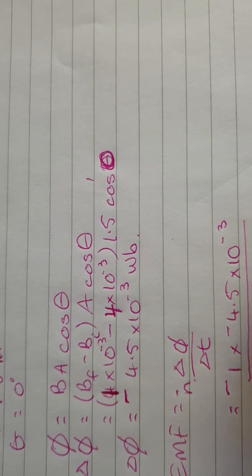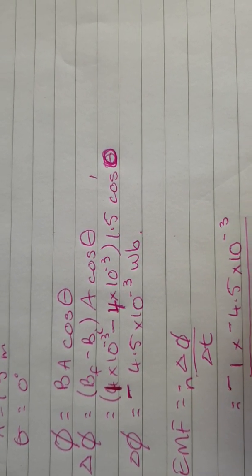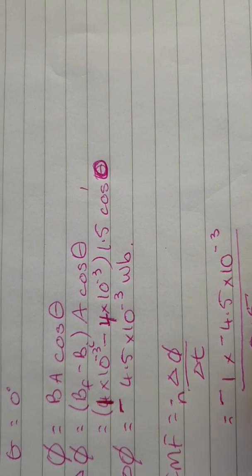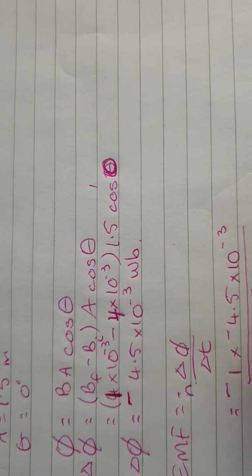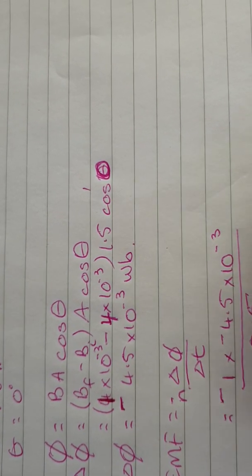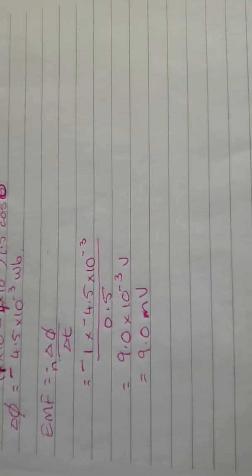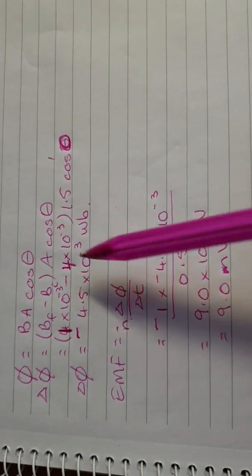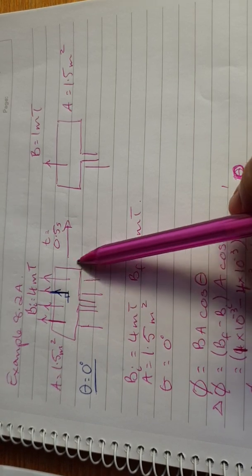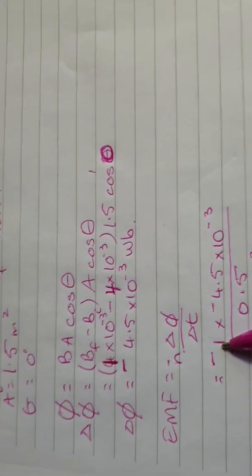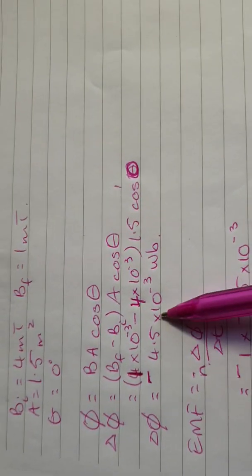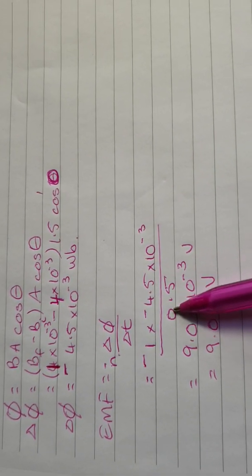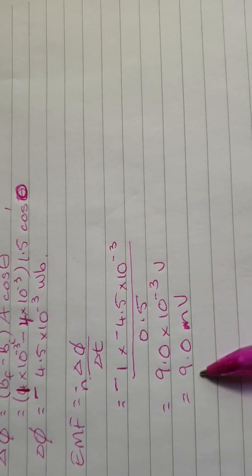So we get 9.0 by 10 to the negative 3 volts, which is 9.0 millivolts. There we go. Oh, better move my camera down, sorry. So this was a 1 because it was just one single loop of wire. That's why that's a 1. That was the change in flux that we calculated up here. That was the change in time, and that gives us the EMF produced.